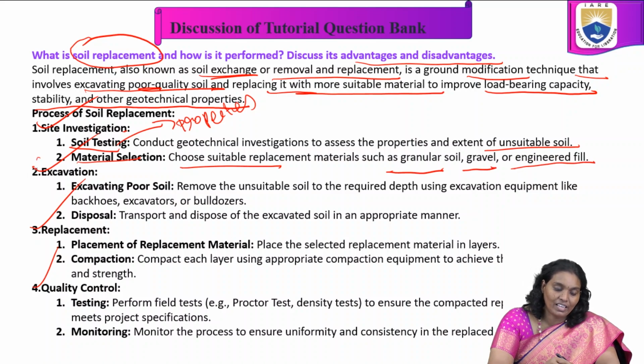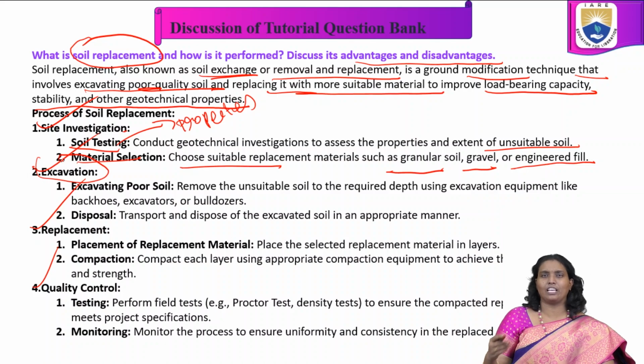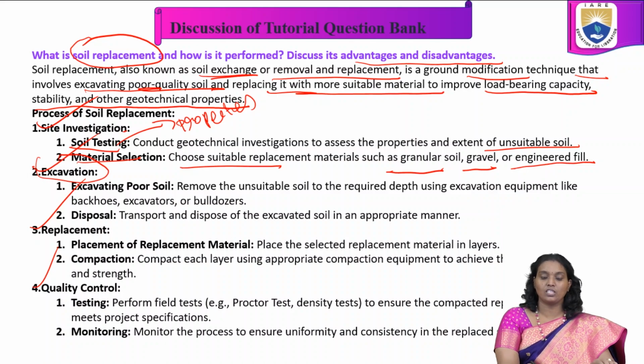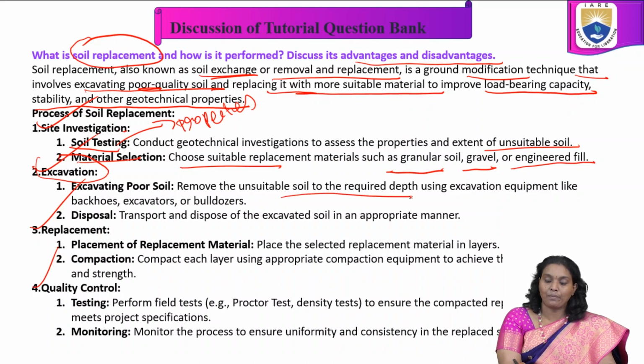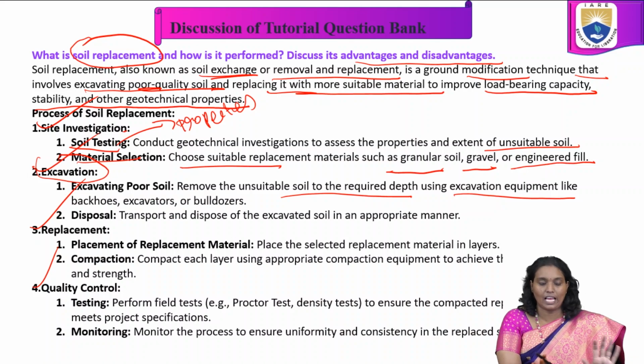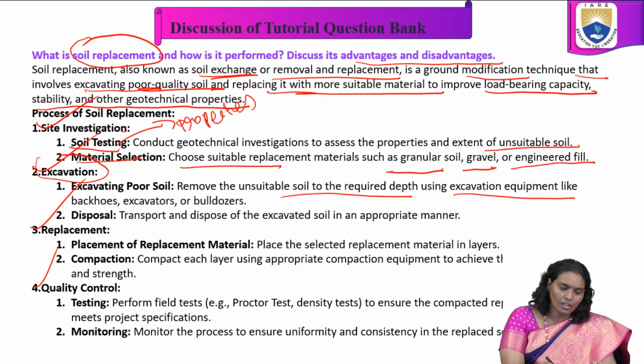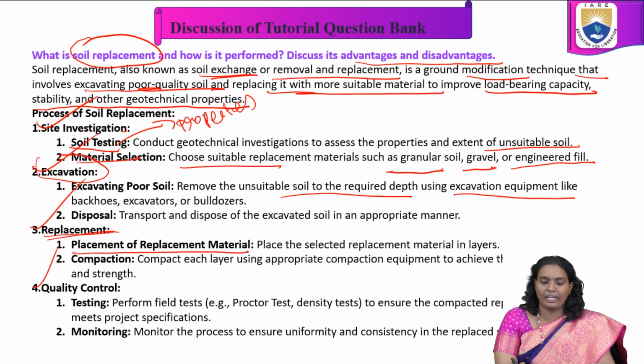Now excavation. Now we are going to excavate that poor soil. Remove the unsuitable soil to the required depth using excavation equipment like backhoes and excavators. It depends upon the situation and scenario of the replacement and removal, and how we remove the type of soil. Now replacement: placement of the replacement material.